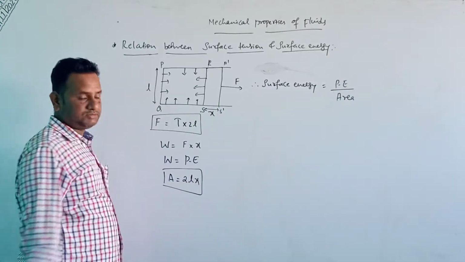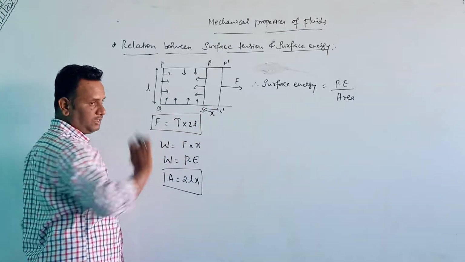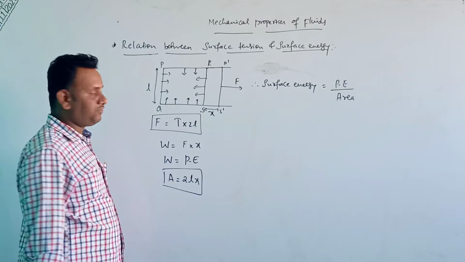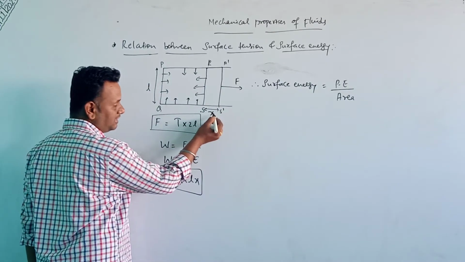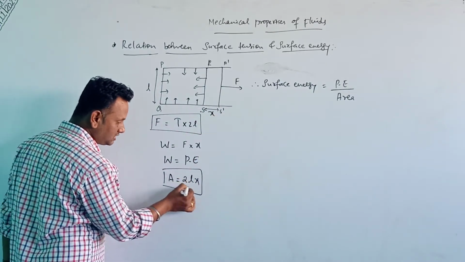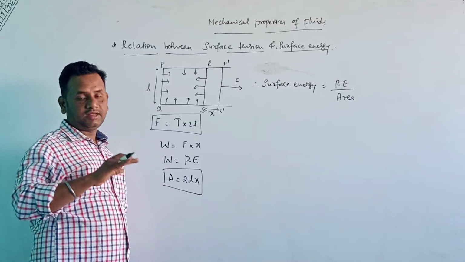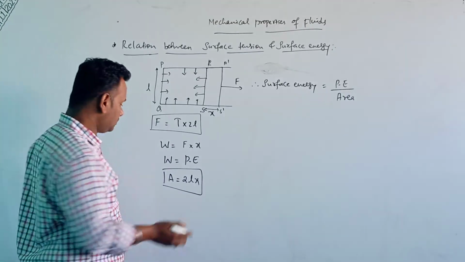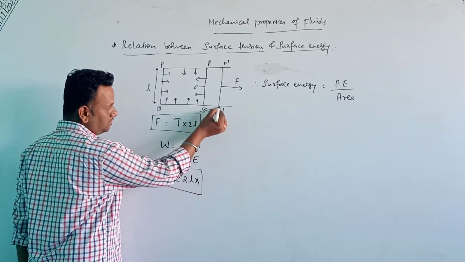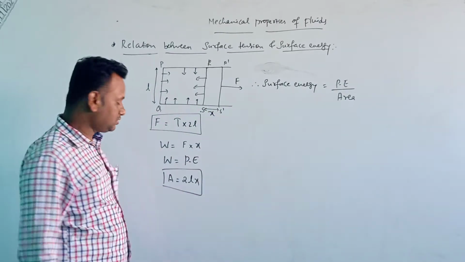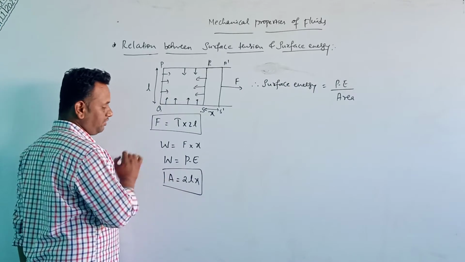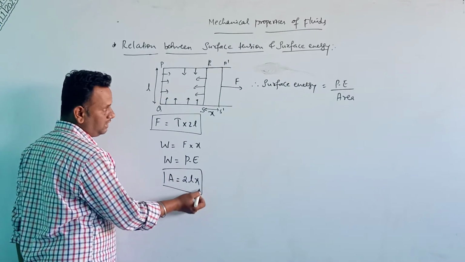Here 2L is the length covering the inner and outer surface, and x is the distance moved. So the total area covered is A equal to 2Lx.